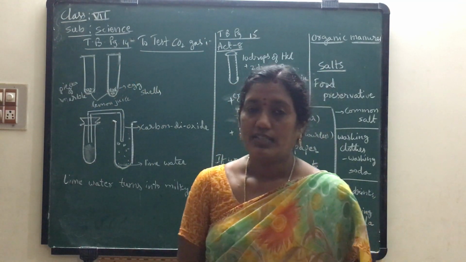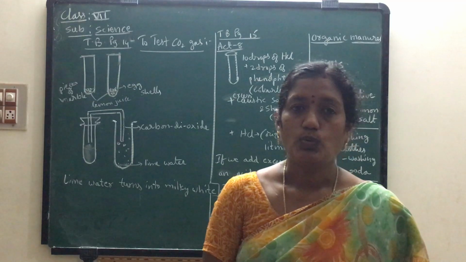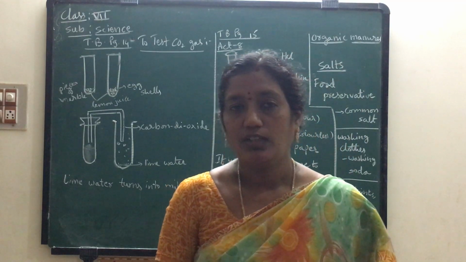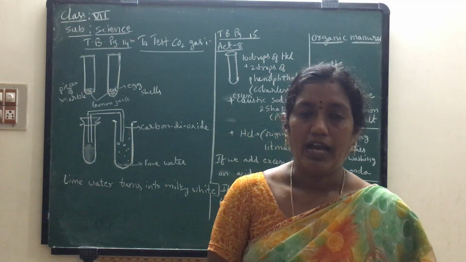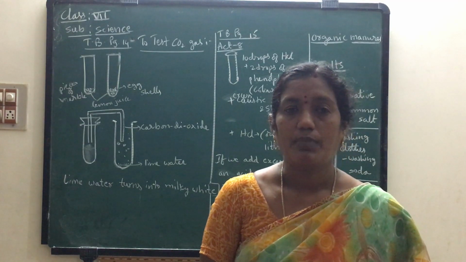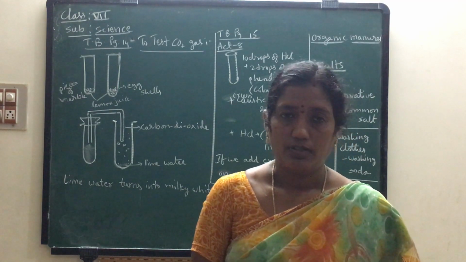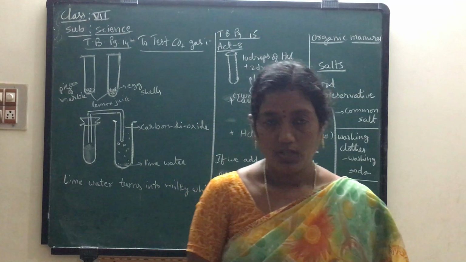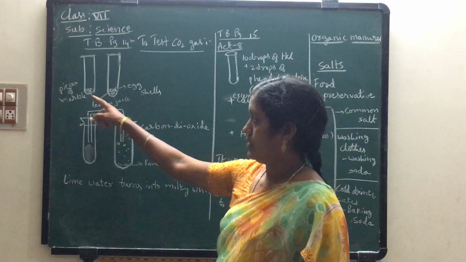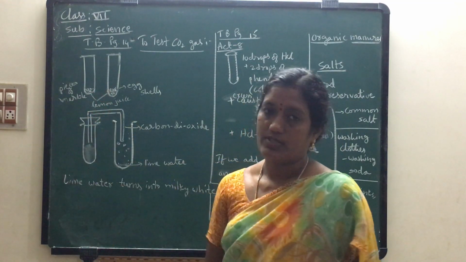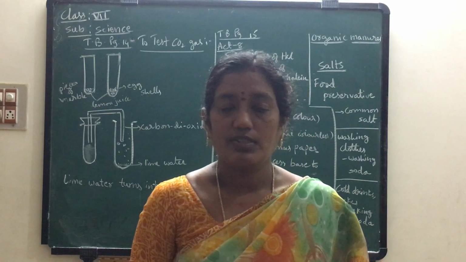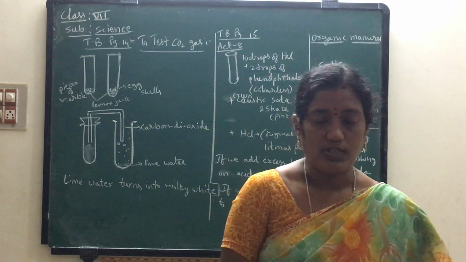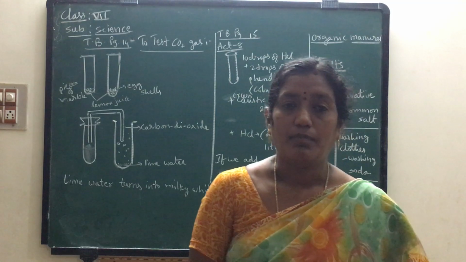Okay children, for this one we need two test tubes. And we have to take some amount of lemon juice and pour this lemon juice in the two test tubes. Children, and take marble chips.